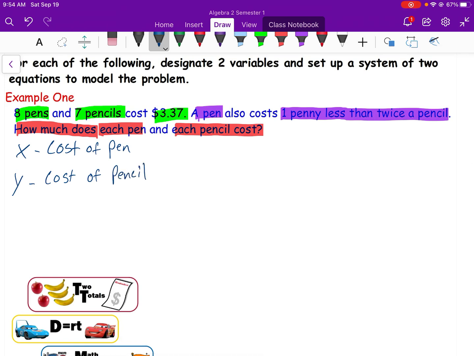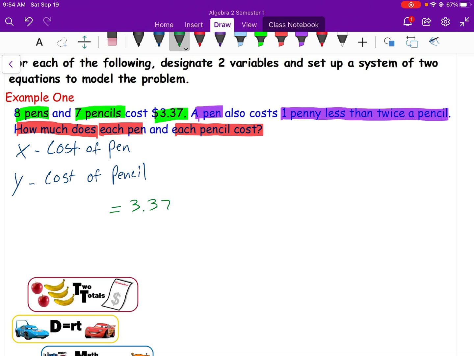Okay, so then we're looking at the green there. 8 pens, 7 pencils, cost $3.37. So combined, they're $3.37. That's a total. We're combining two things, so that's two totals. Now to figure out how much the pens cost, it's going to be 8 times the cost of the pen.